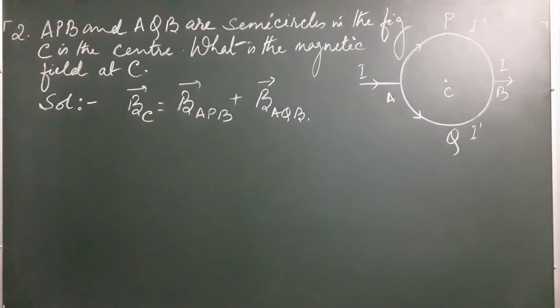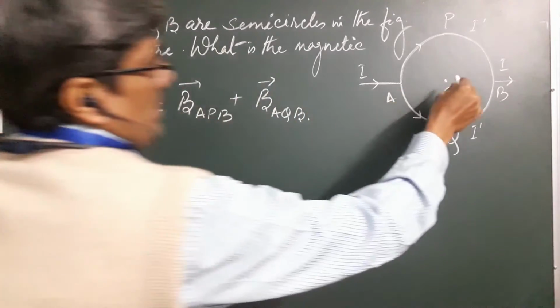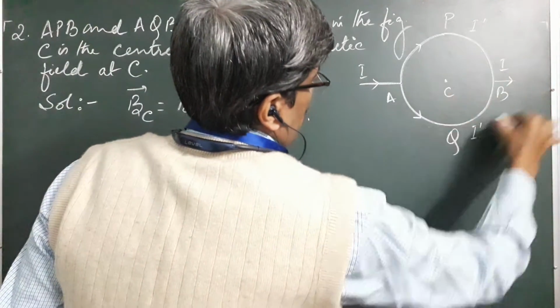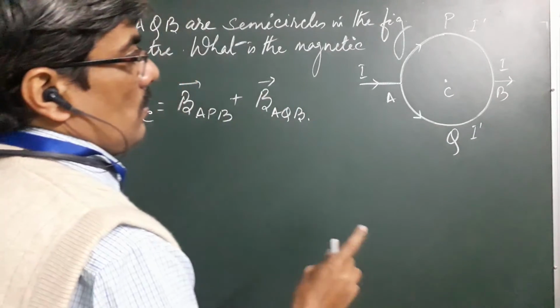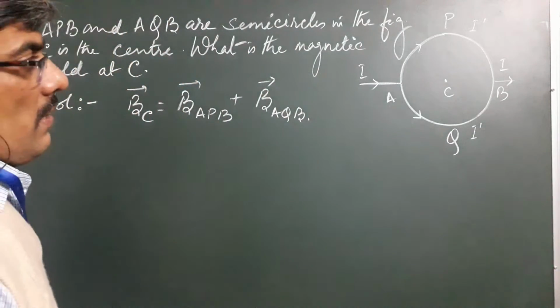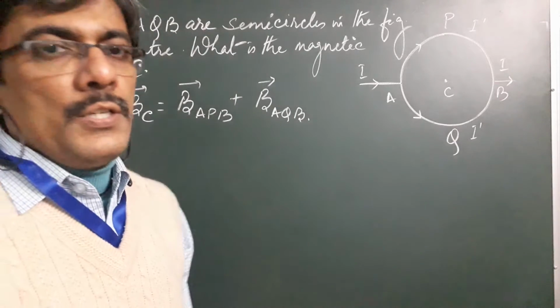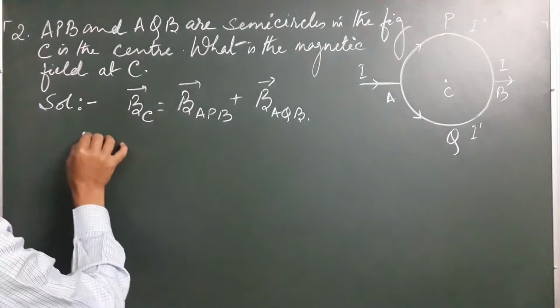Now you must understand that the central angle for these two segments is pi, that is 180 degree. As you know how to find out the magnetic field due to a current carrying conductor in shape of an arc, we'll be using it.